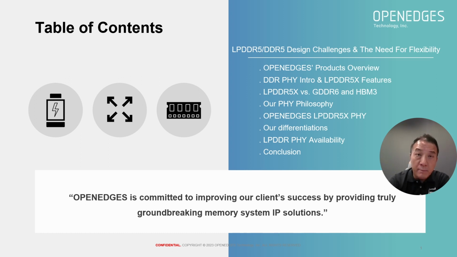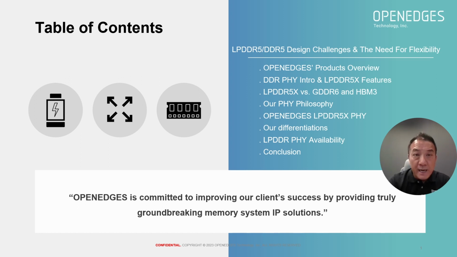Let's take a look at the topics that I'm going to cover in this presentation. First, a bit of introduction to OpenEdges product lineup for those who are not familiar with technologies that we provide. Then we'll have a brief introduction of DDR5 and how it works at the high level, and go over some of the features of LPDDR5 and 5X memory subsystems.